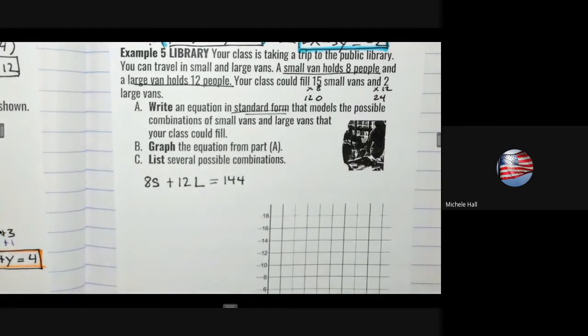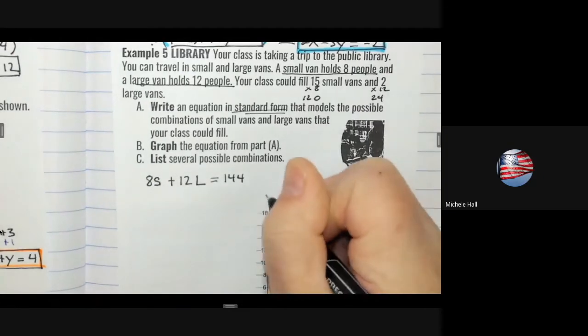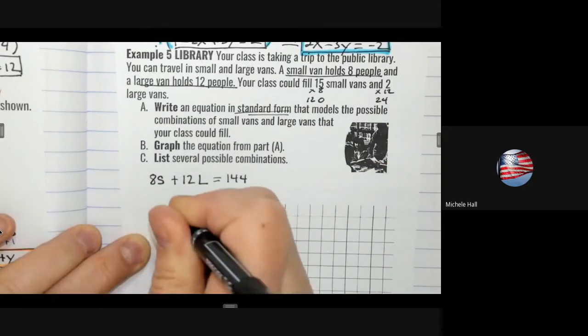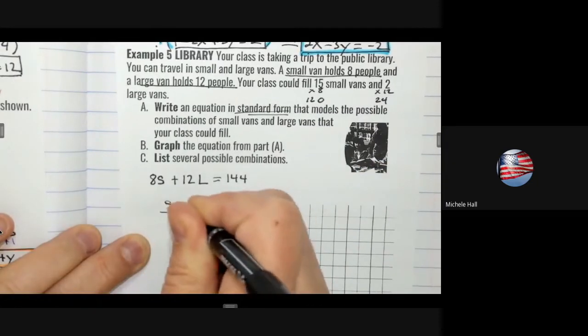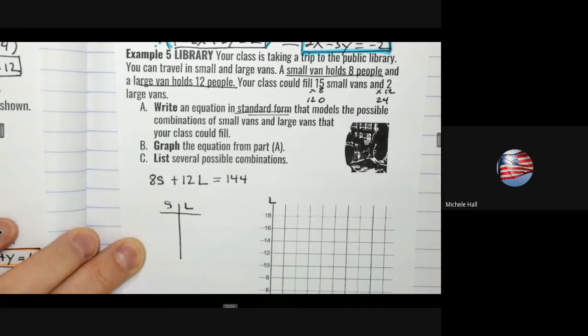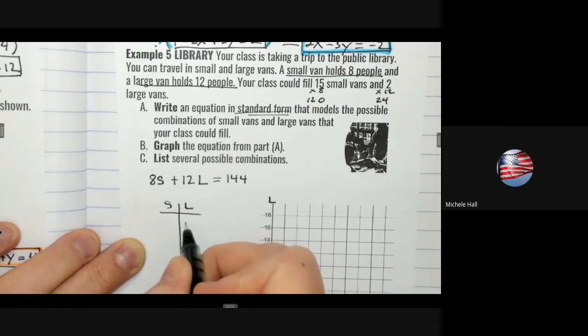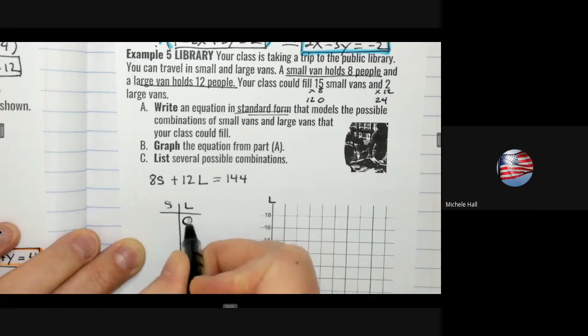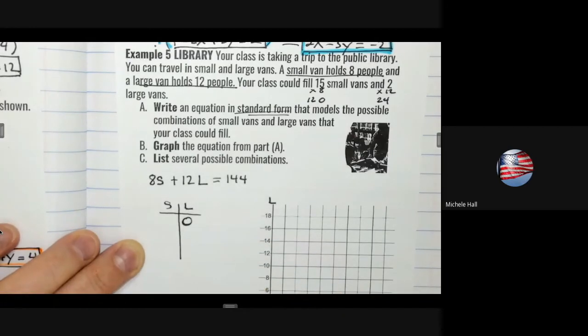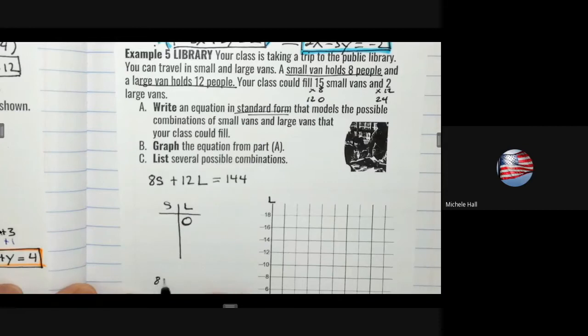So this is S for the small vans, and this is L for the large vans. So S and L, like X and Y. Let's look at if the large van didn't have anybody in it. How many would the small van have? We have 8S plus 12 times 0 equals 144.